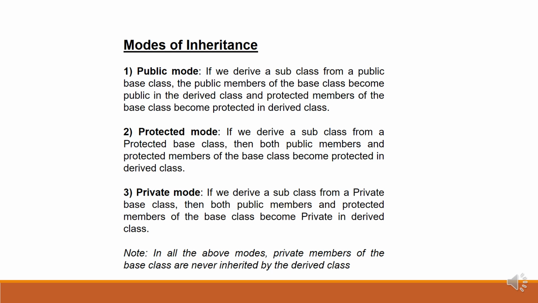In all the three modes of inheritance, please note that the private members of the base class remain private to the base class and are never inherited by the derived class.